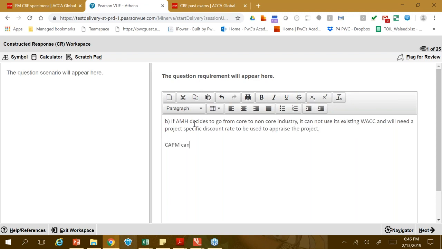CAPM can be used to find this project specific discount rate, i.e. the KE. And this will be used to discount future cash flows to appraise such projects.